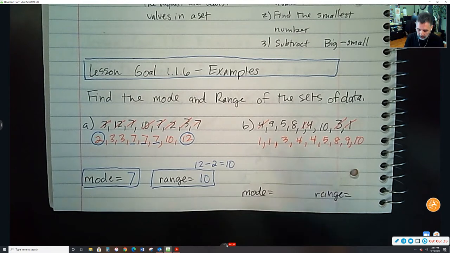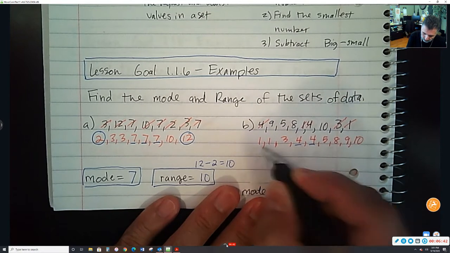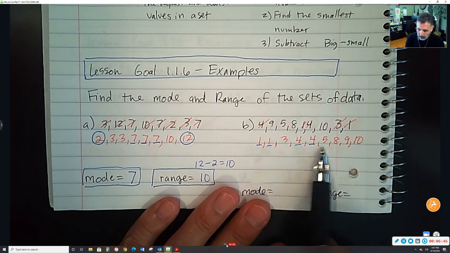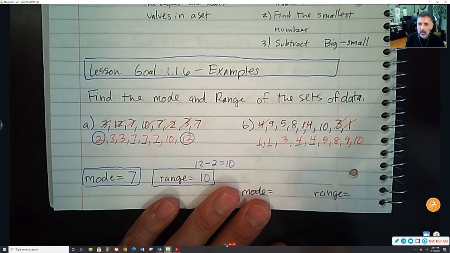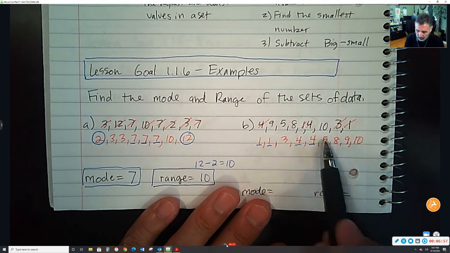So then if we look for the mode, the number that appears the most, you see we have 2 4s here, and we have 2 1s, and then the rest, well, it's just 1 3, 1 5, 1 8, 1 9, and 1 10. Actually, I'm going to go back and count these and make sure they're the same size. 1, 2, 3, 4, 5, 6, 7, 8, 9.